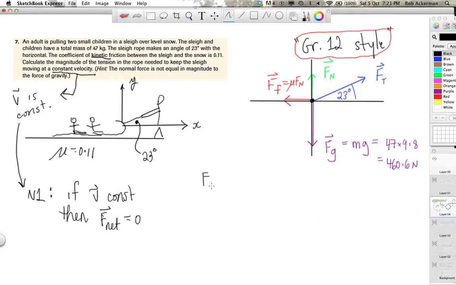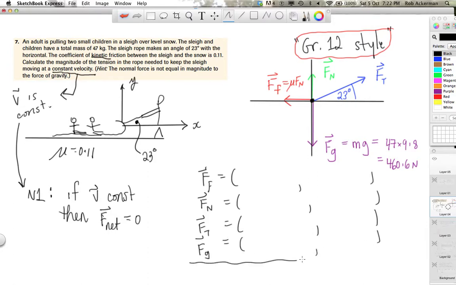We write all of the forces that we see, so Ff equals something, comma, something, Fn equals something, comma, something, Ft equals something, comma, something, and finally Fg is equal to something, comma, something. And all of those somethings have to add up to an Fnet, which is 0, comma, 0.